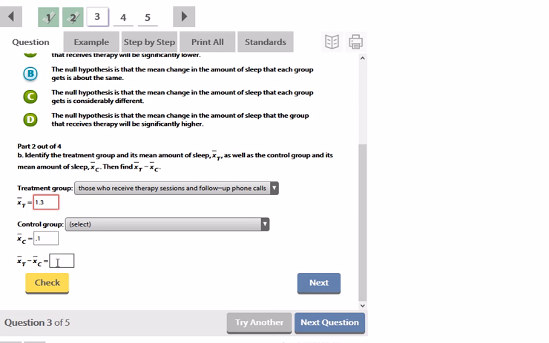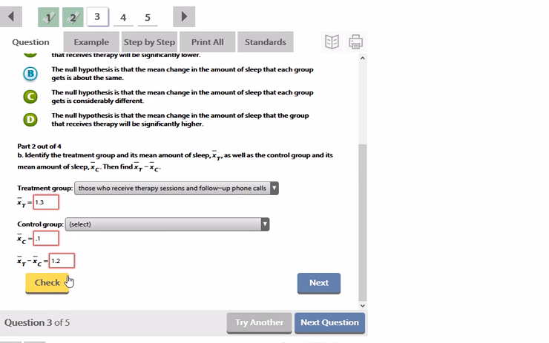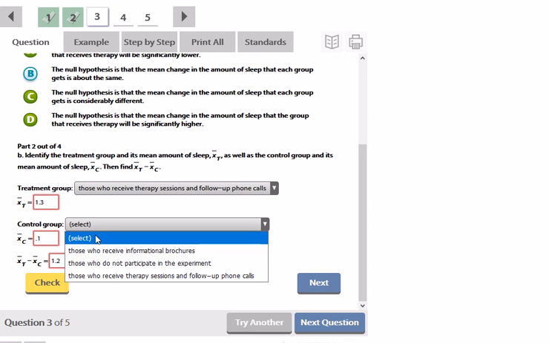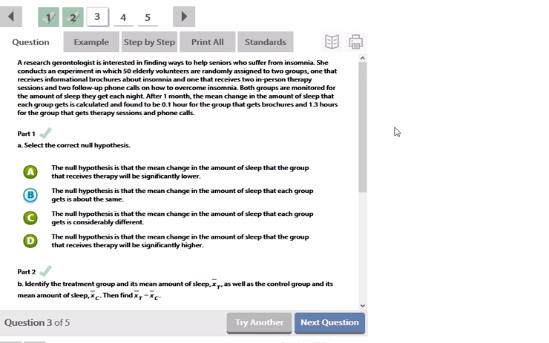So this is the difference in means of the treatment and the control. 1.3 minus 0.1 is 1.2. I forgot to select the control group. The control group are the ones that were getting the brochures.